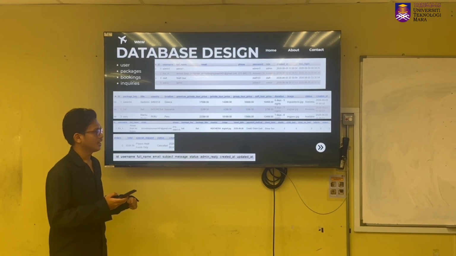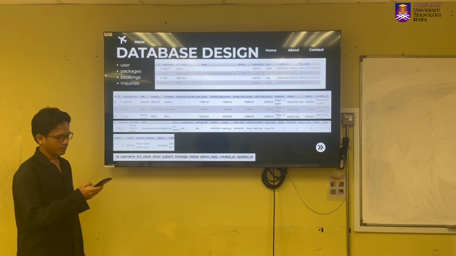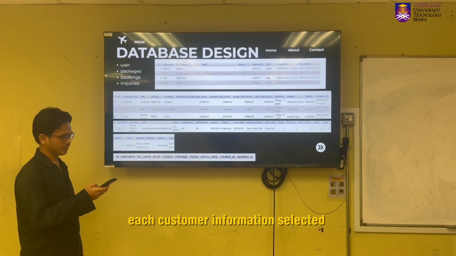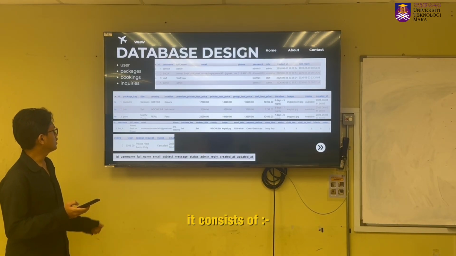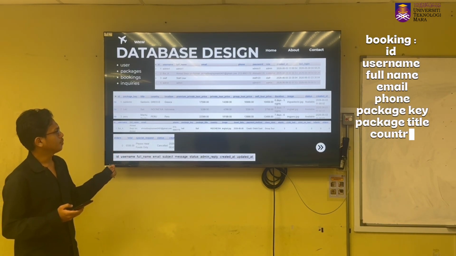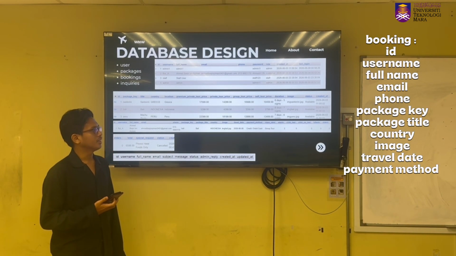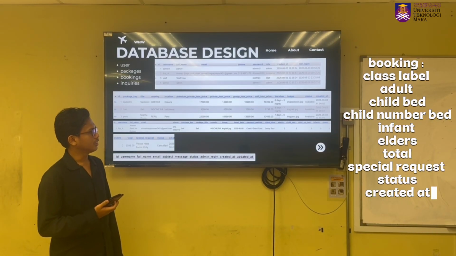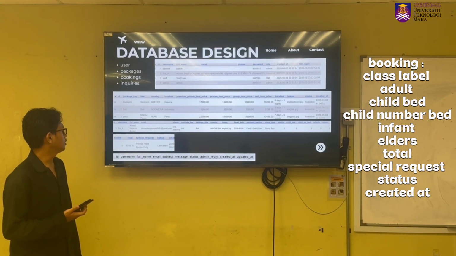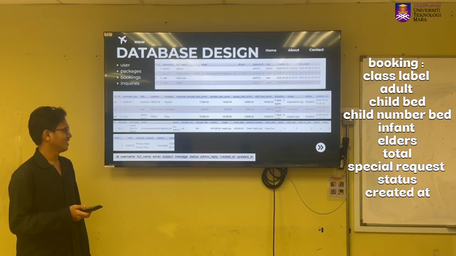and created at. And next, the bookings table records customer reservations. Each customer's information and selection consists of username, full name, email, phone, package key, package status, country, image, travel date, payment method, class label, adult, infant, elders, total, special request, status, created.